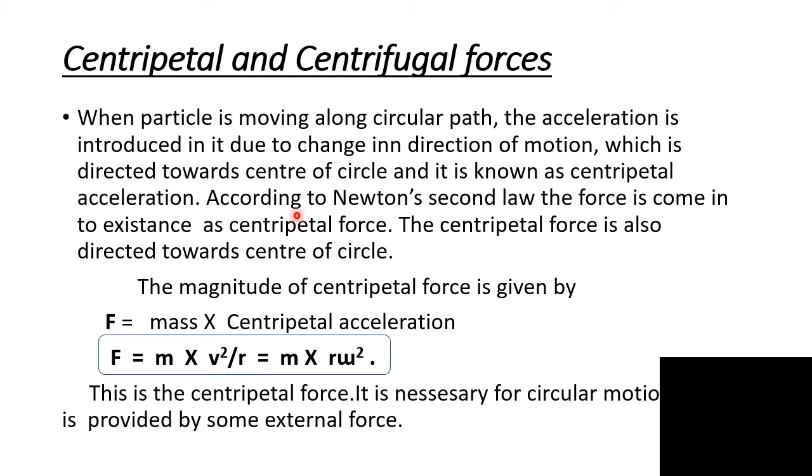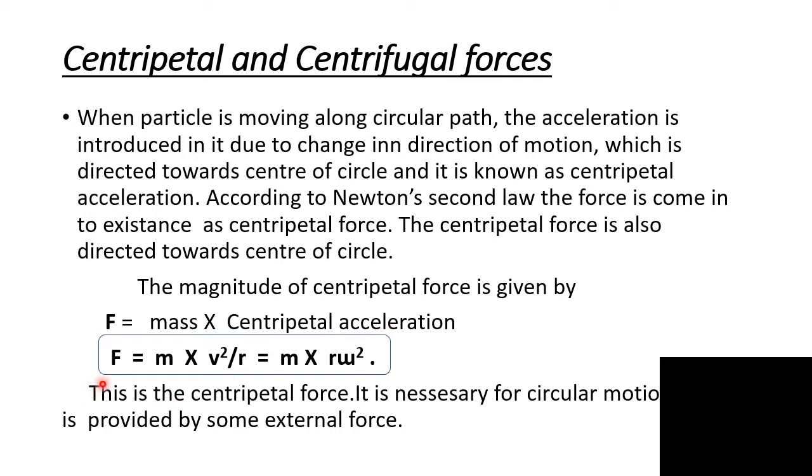And according to Newton's second law of motion, a force comes into existence. This force is known as centripetal force. The centripetal force is also directed toward the center of the circle. The magnitude of centripetal force is obtained by Newton's second law of motion. Force equal to mass into centripetal acceleration.